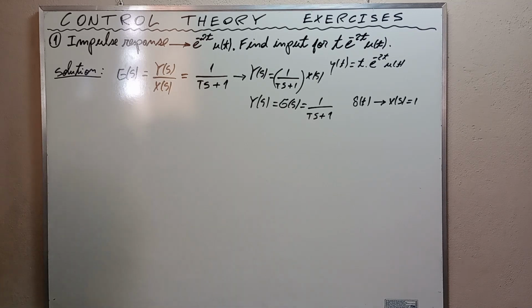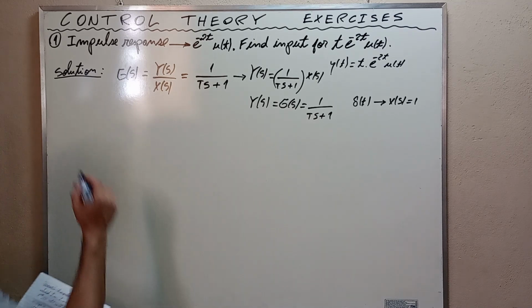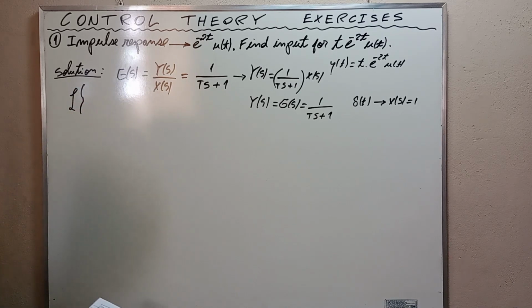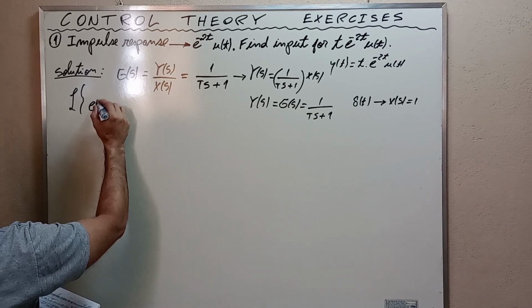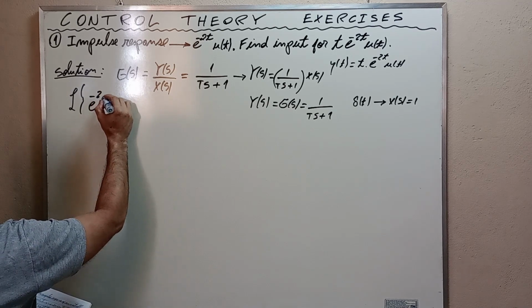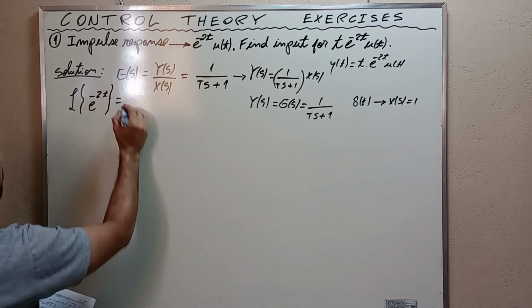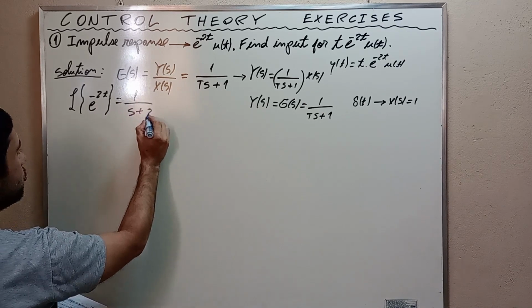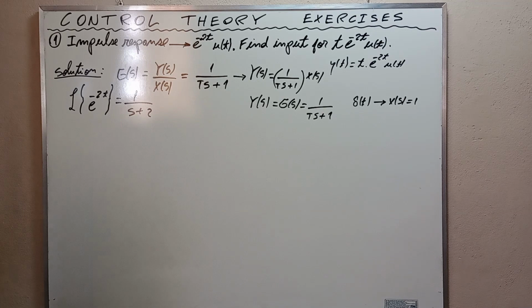Now observe that the Laplace transform of e raised to the power of negative 2t is equal to 1 over s plus 2. You can find it in a table.